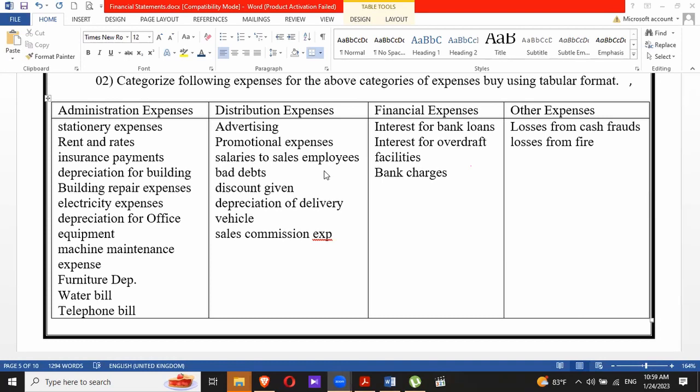Only two examples here, losses from cash frauds and losses from fire. Other than that, we can take stock donations and stock losses, stock damages. Those things also come under other expenses, right?